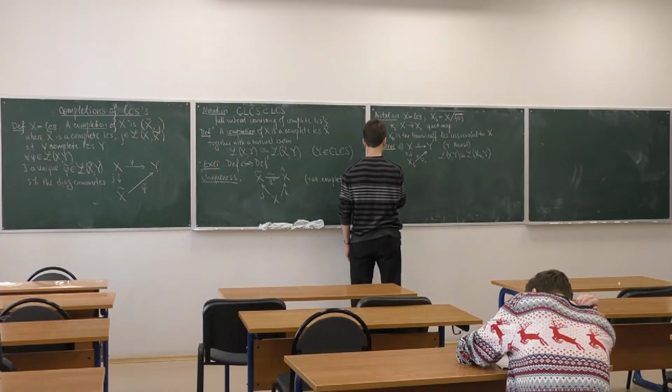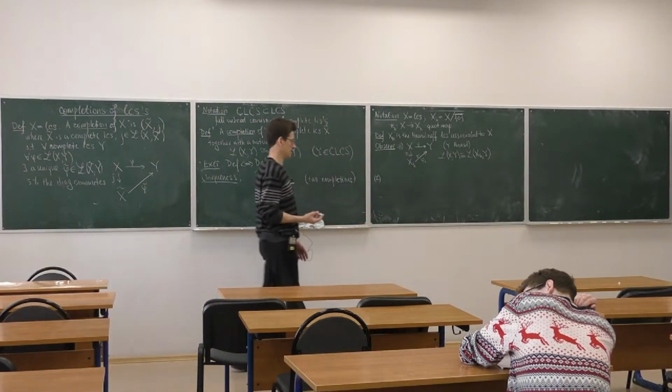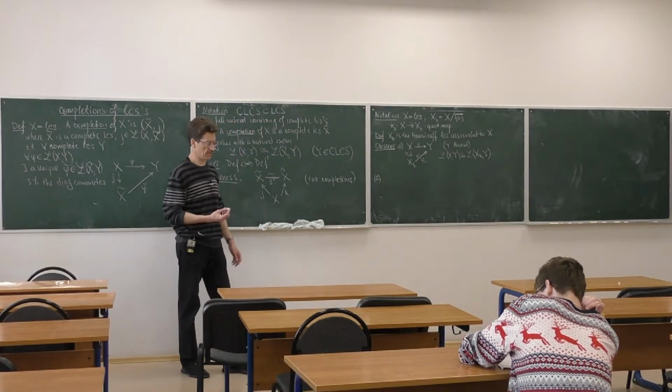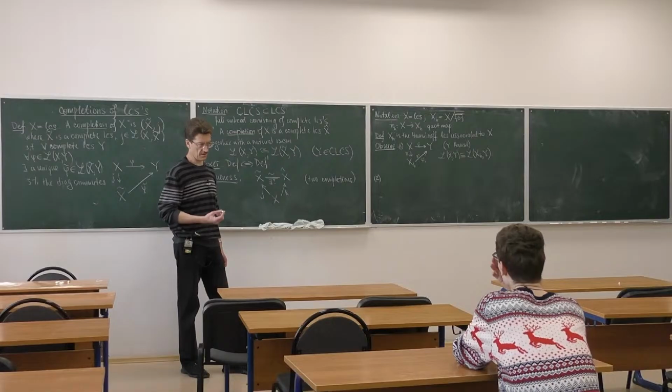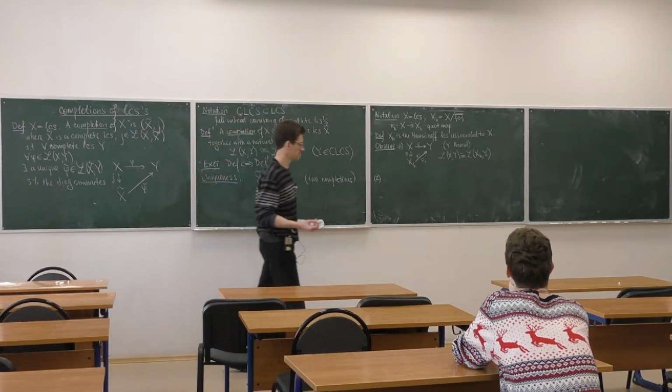And the second observation essentially means that if we want to construct a completion of X, it suffices to construct a completion of XH.